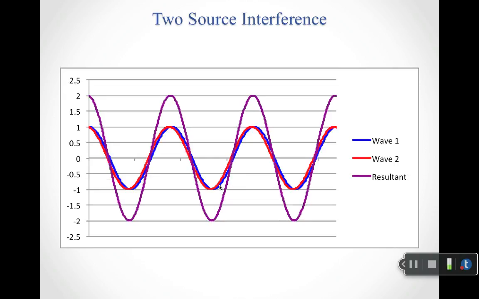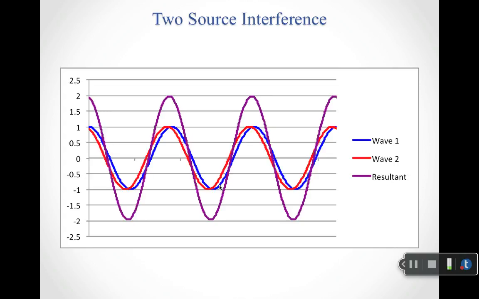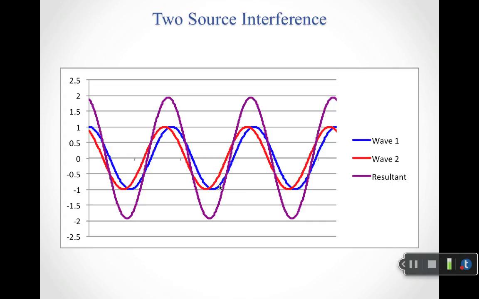And so what we can do is start sliding one of these waves relative to the other. In this case, we'll let the blue one stay where it is, and we'll start to move the red one to the left. What you'll notice is the resultant wave, the purple one, and you get the resultant wave by adding up however much the blue wave is plus however much the red wave is.